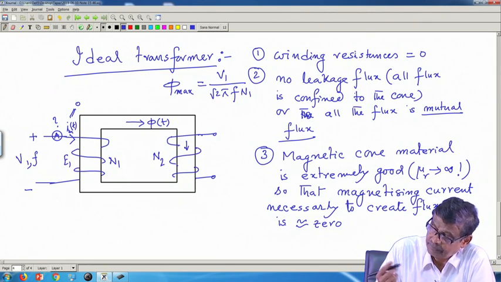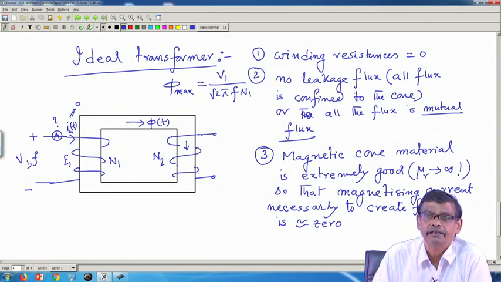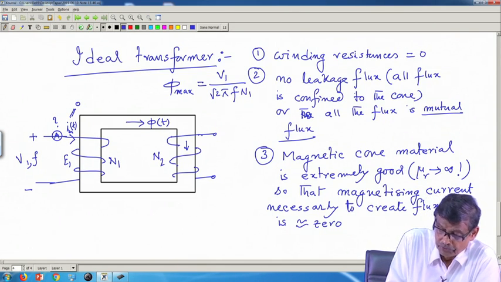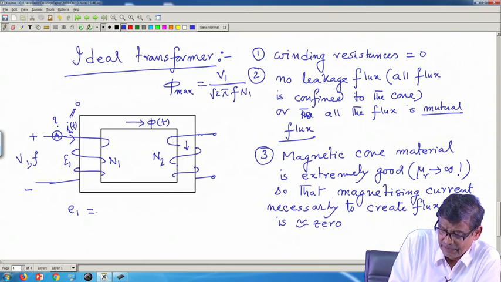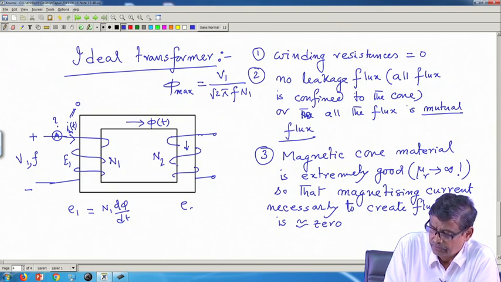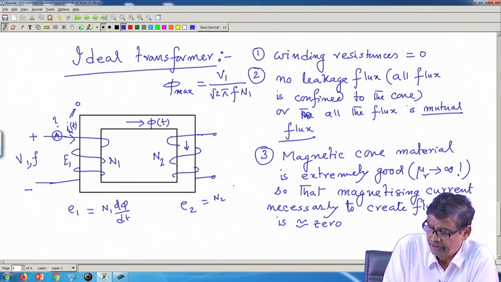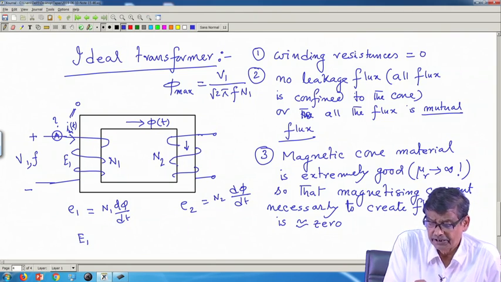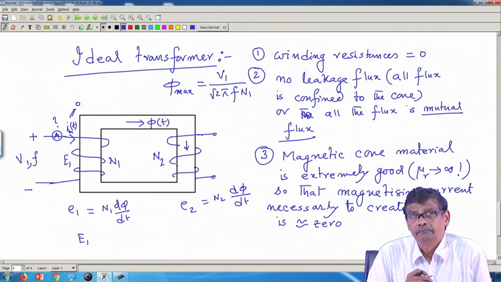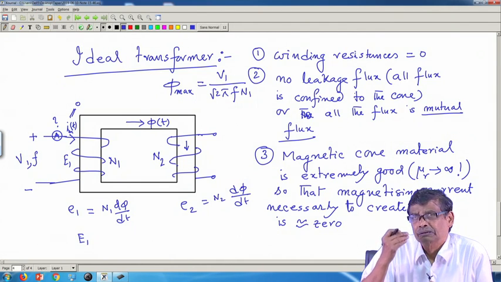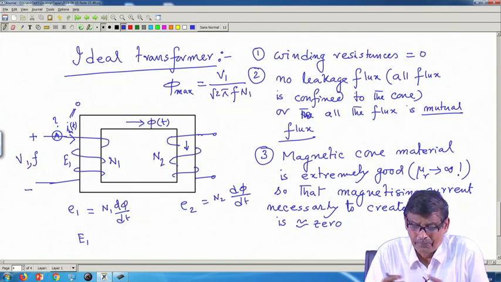Therefore, applying Faraday's law, I will conclude that these two will become a seat of EMF. So, E1 is N1 d phi dt, E2 will be equal to N2 d phi dt, the same flux. RMS value of the induced voltage, the polarity of that voltage I have found out without thinking so much about that negative sign.